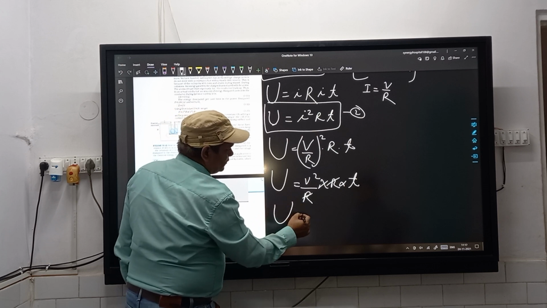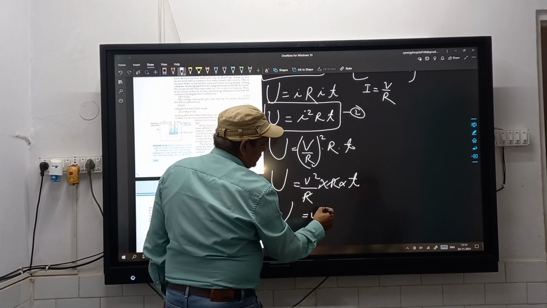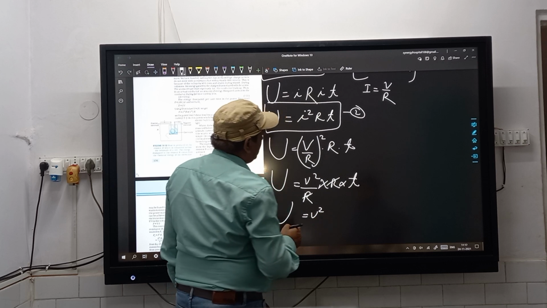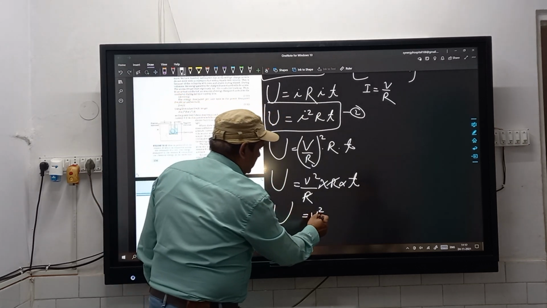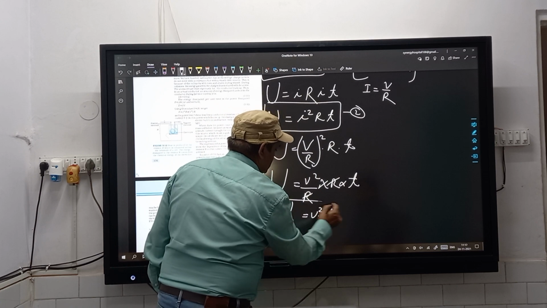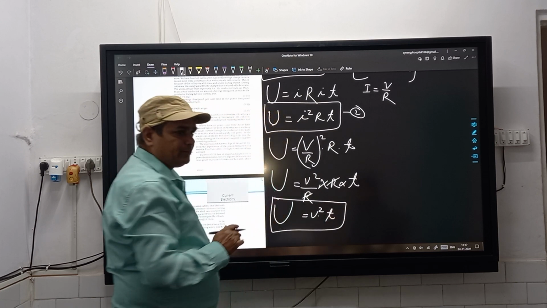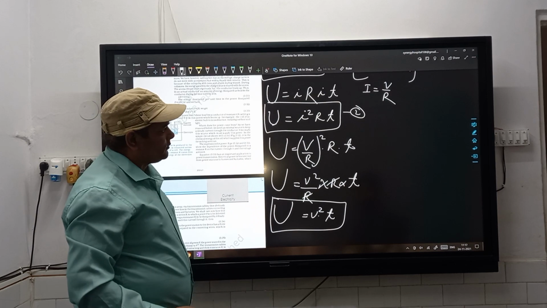Then U is equal to V square T upon R. Okay. This is the next formula.